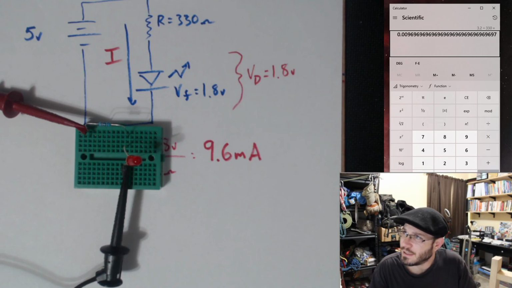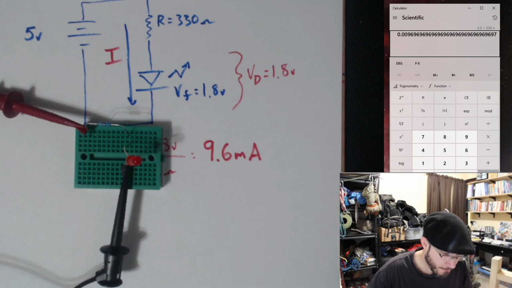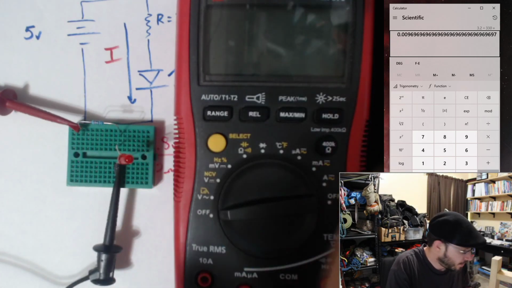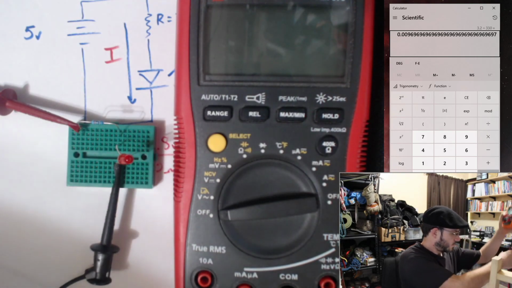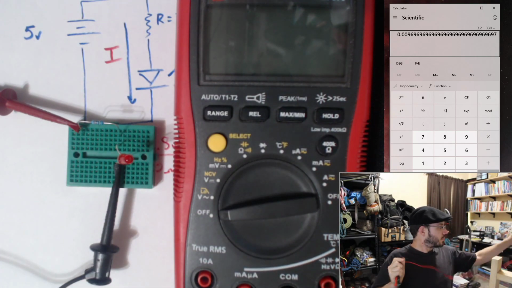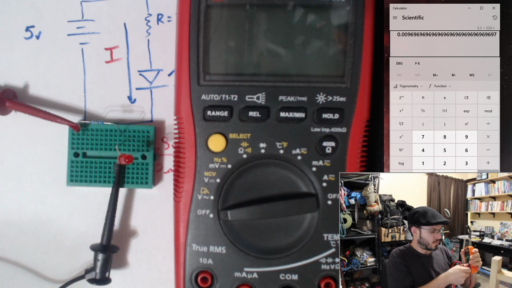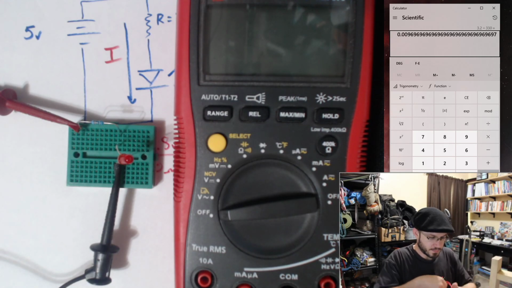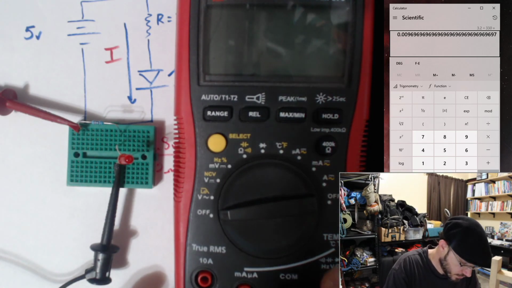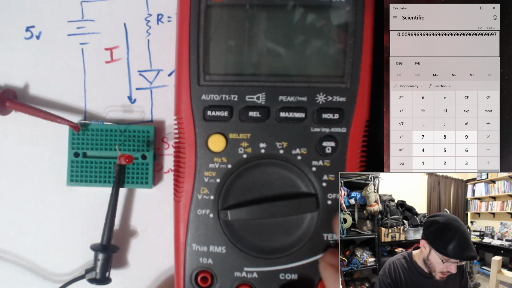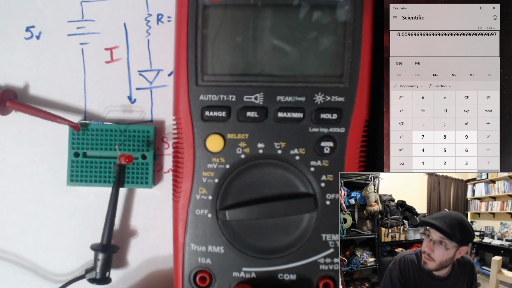However, I would like to see the current flowing through this, so I'm going to take my multimeter and measure in the milliamp range.